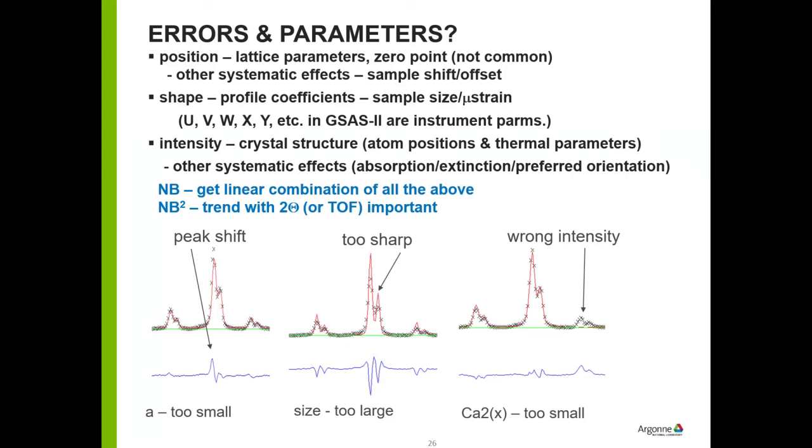But the point is, it looks like a second derivative. So it goes up and then down and up and then down like that. That's a second derivative curve. You can tell because the peak shapes are wrong. They're usually too skinny relative to the observed data. So this is what you should be looking for: first derivative, wrong position; second derivative, wrong shape; zero derivative, if you like, something wrong with the structure, or something else that corrects the intensity of the peaks.